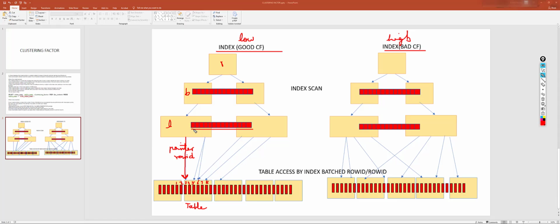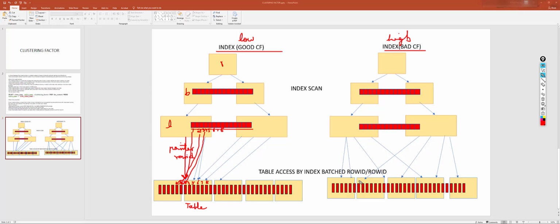Okay, if the index is also having the same order of the table, so this pointer will be pointing to the first block, this pointer will be pointing to the second block, the third pointer will be pointing to the third block. Likewise, the number of index entries will be equal to the number of blocks which are stored on the data file. Okay, that is good clustering factor.